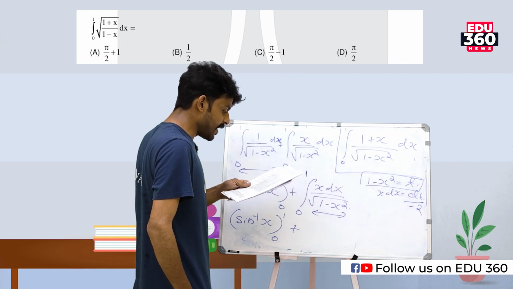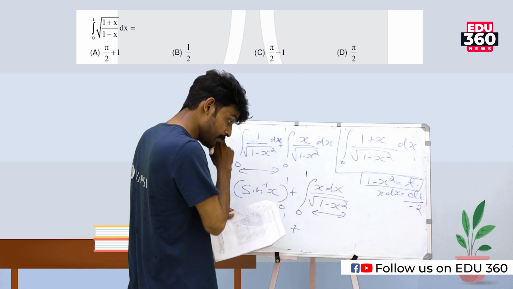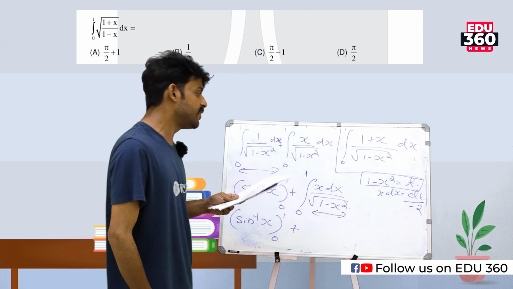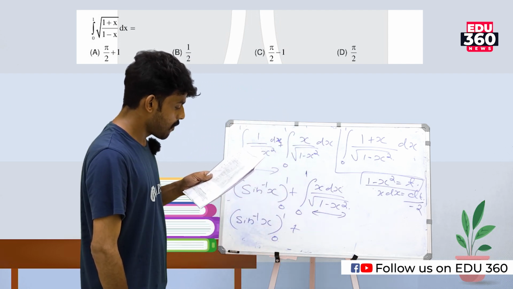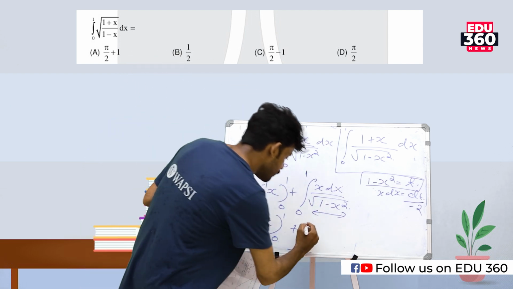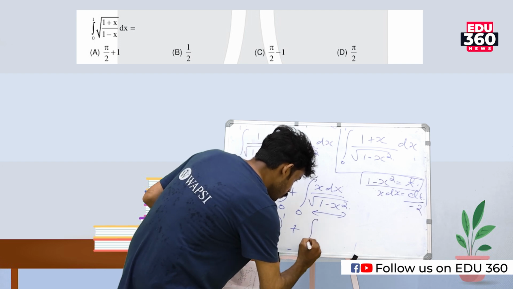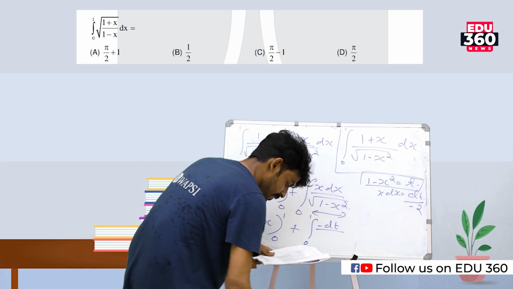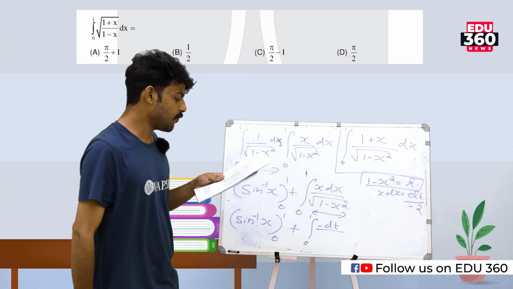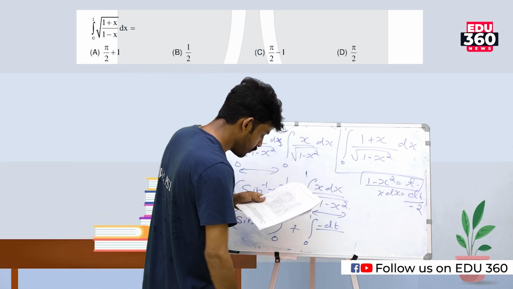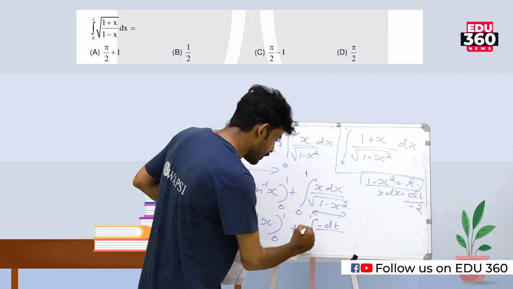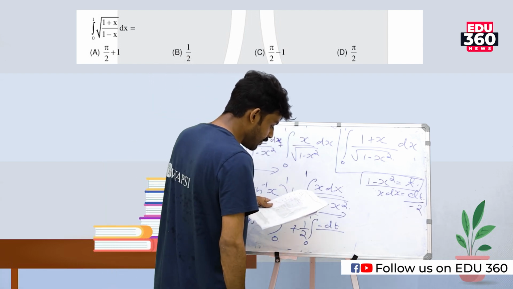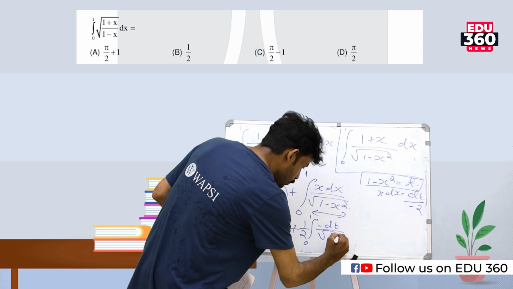So in the next step we can write integral of x dx, 0 to 1 minus dt, so here we can take 1 by 2 outside, 1 by 2 into integral of dt divided by root t.